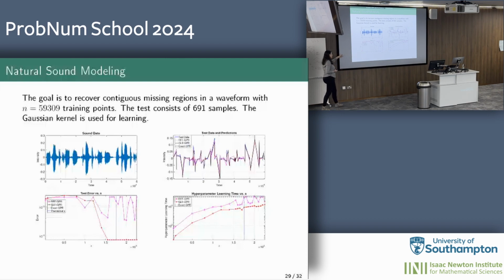Once we reach the theoretical number of nodes that we need according to the analysis that we do, that's it. The error just stabilizes there. But for the magenta line, the RFF method, you see it's still jumping around, and it's not even close to our method. And maybe the biggest benefit here is the learning times between the methods when you do this hyperparameter learning.